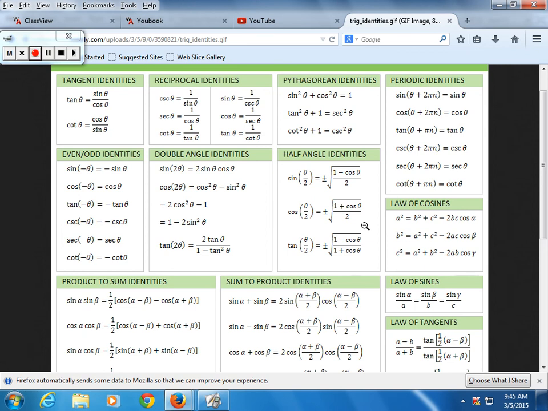Because you're squaring both sides. So you got to remember, you're squaring both sides. The sine squared identity here, this is the sine of theta over 2. We don't have theta over 2. What do we have?